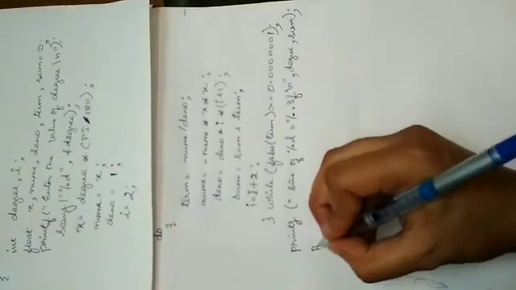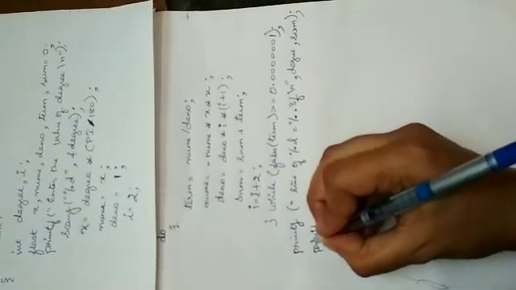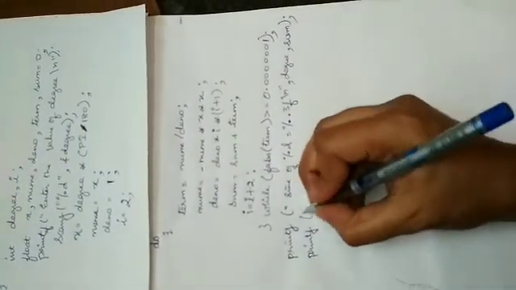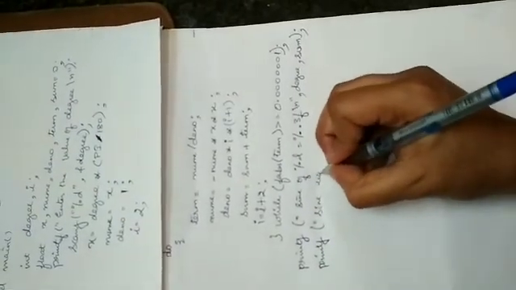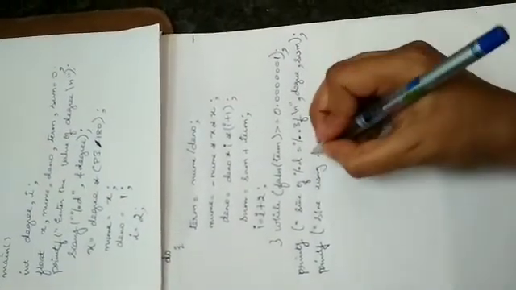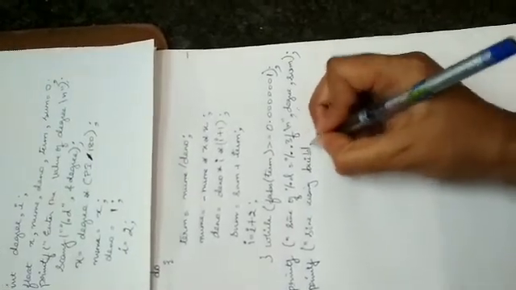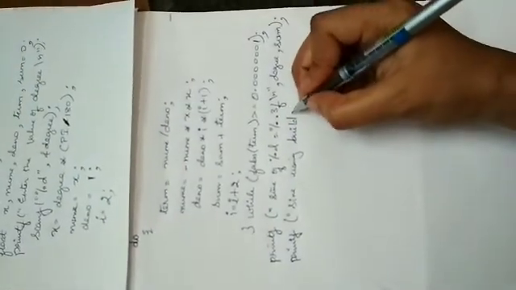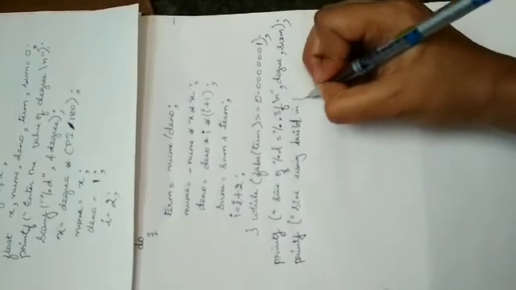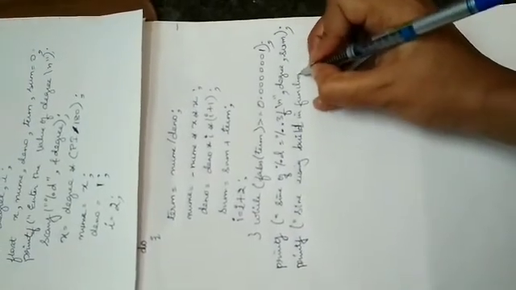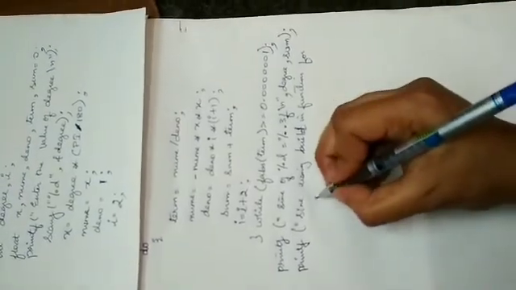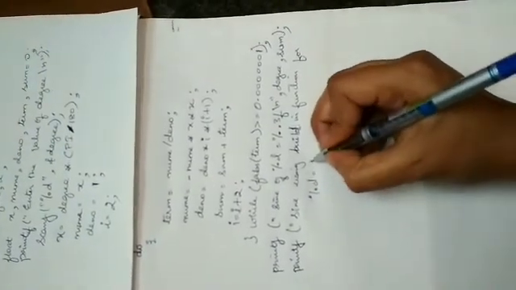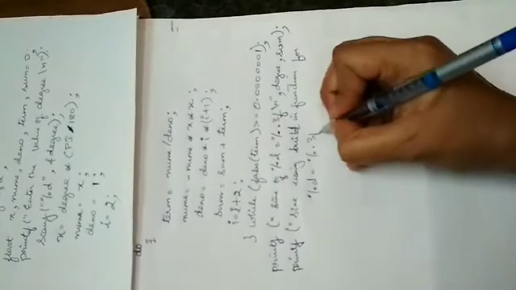Now let us compare it with the inbuilt function, because they have asked to print both the results. So say sine using built-in function for this degree is this much.